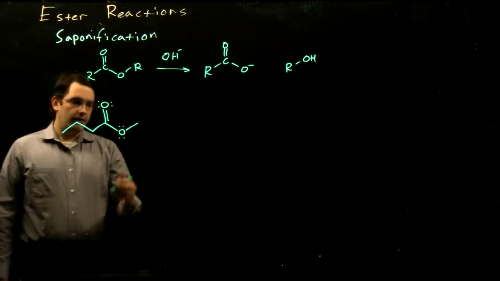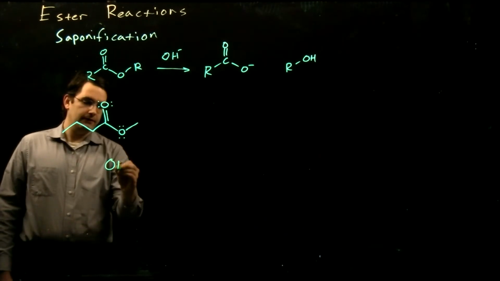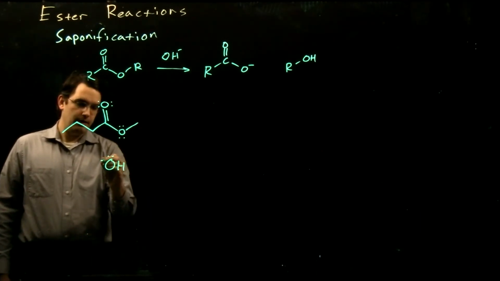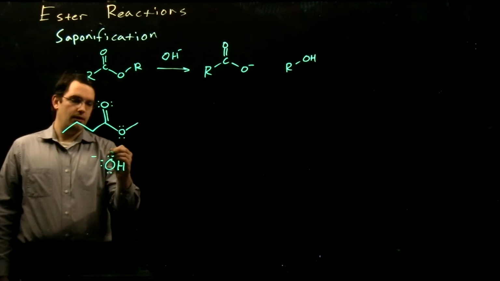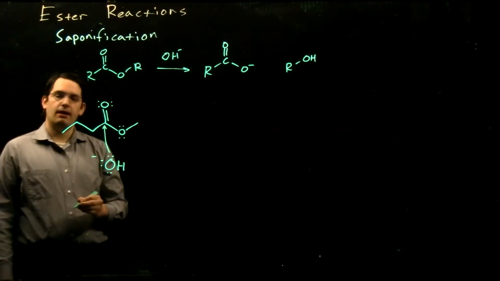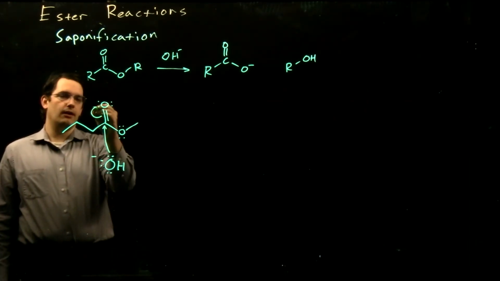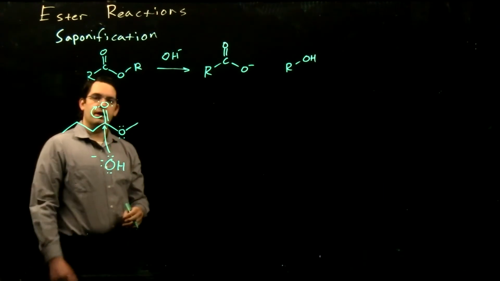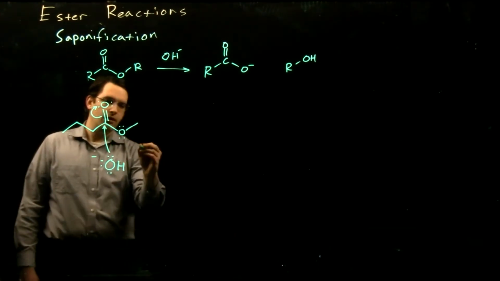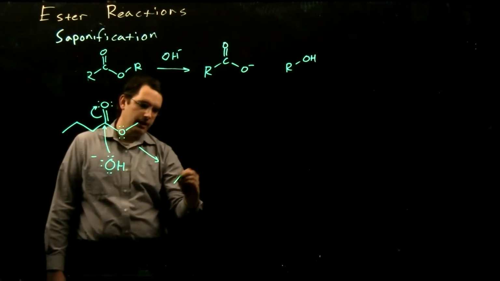This reaction follows our standard nucleophilic acyl substitution mechanism. So with our strong base, we're going to come in and attack our electrophilic carbon here of our ester. Our electrons move up to our oxygen, forming our tetrahedral intermediate.